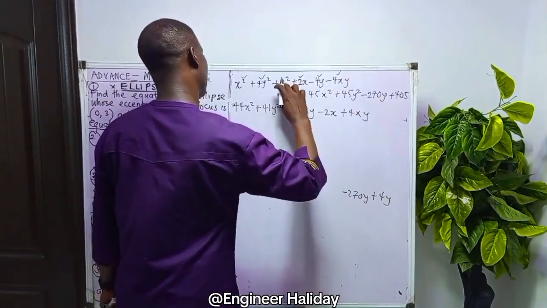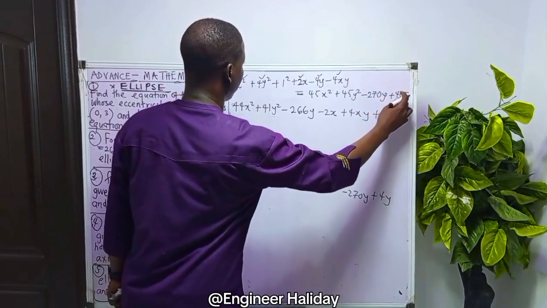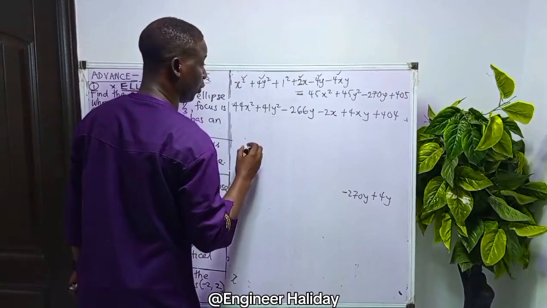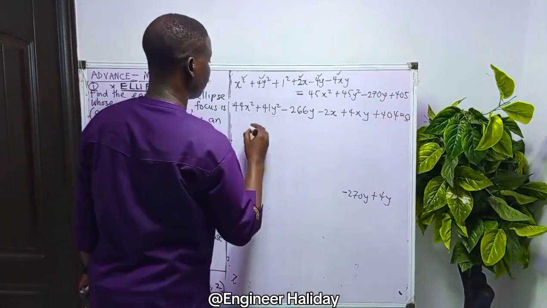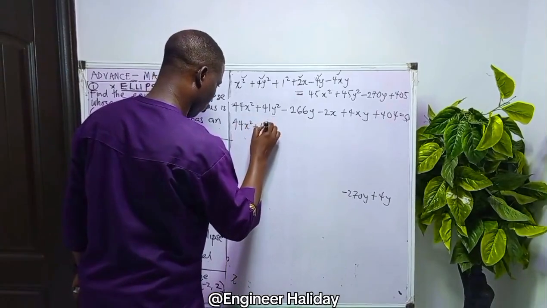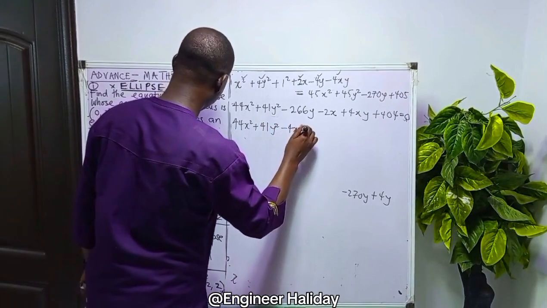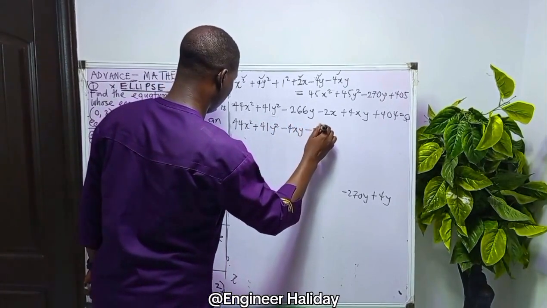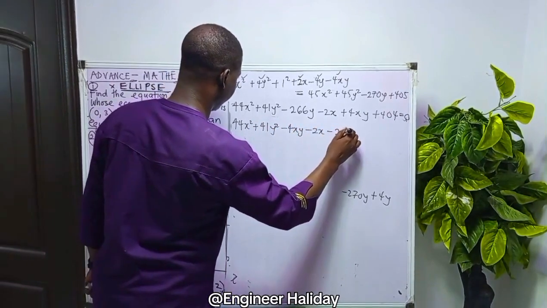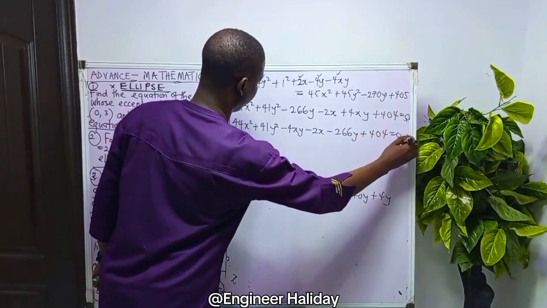Because it crosses the equal sign, you're going to have 404. 405 minus 1 will give us 404, so equal to 0. If you write it well, you're going to have 44s squared plus 41y squared minus 4sy minus 2s minus 266y plus 404 equal to 0.